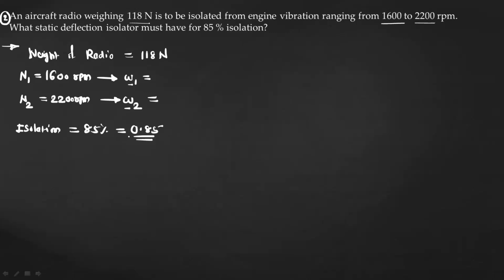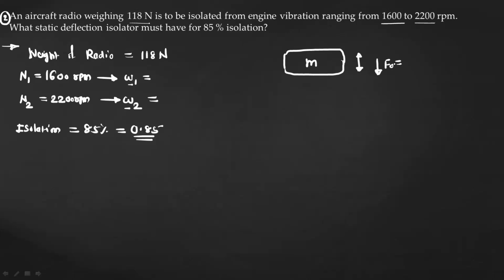So in the derivation, we have just seen the transmissibility. So what is the concept of isolation? We'll take just an example. If this is one vibrating machine, you can imagine this is a pump or a compressor, and it is continuously vibrating and it creates some force.